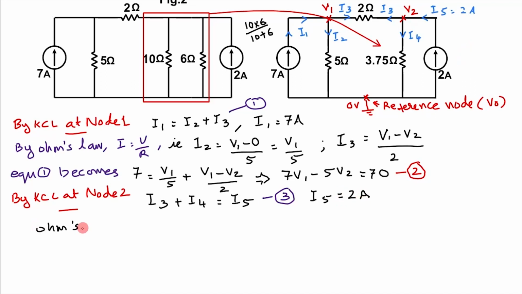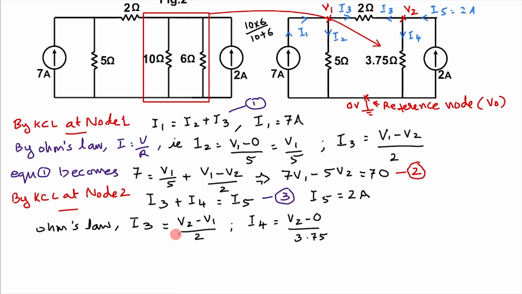Then as per Ohm's law, I3 is equal to V2 minus V1 divided by the resistance 2, and I4 is equal to V2 minus V0, that is 0 volt, divided by 3.75, so V2 minus 0 divided by 3.75.